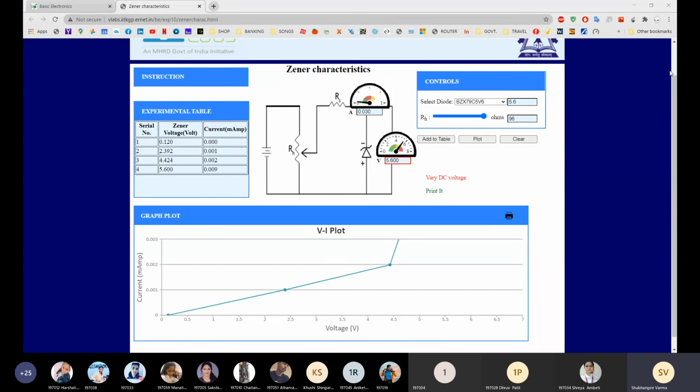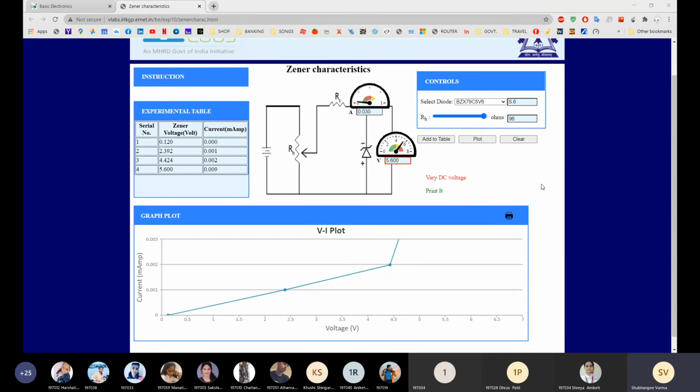Thank you, students. We'll all meet tomorrow and we will perform line and load regulation. Before that, you have to revise line and load regulation. We have discussed the formula. Line regulation means the output voltage and output current should remain constant irrespective of change in input voltage.